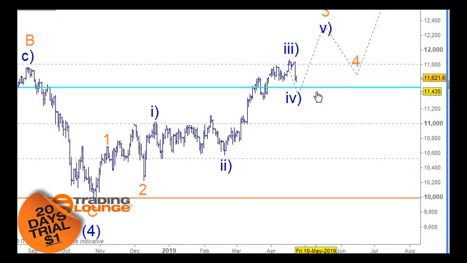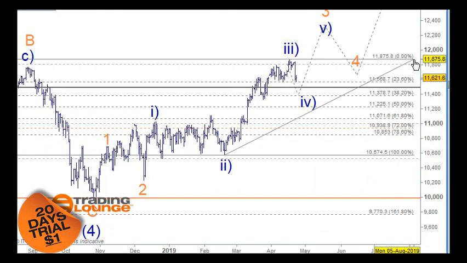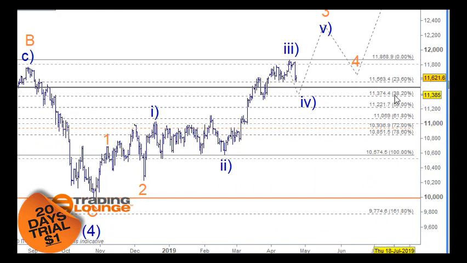But this is where we need to be careful, because if this is correct, if I've got this right here, then this is the complicated one, and then this one here is going to be simple, this correction. But how simple is it going to be is the next question here. So if we take the low of wave 2 here to the top of wave 3 here, then the 38.2% retracement level is in this space here.